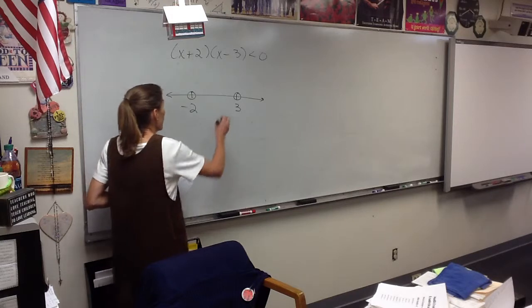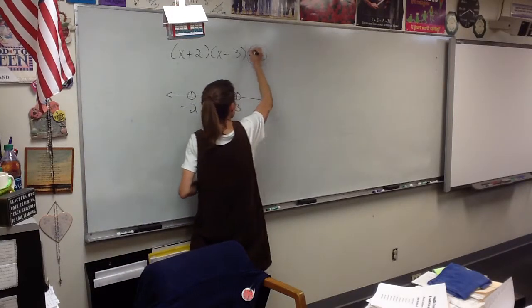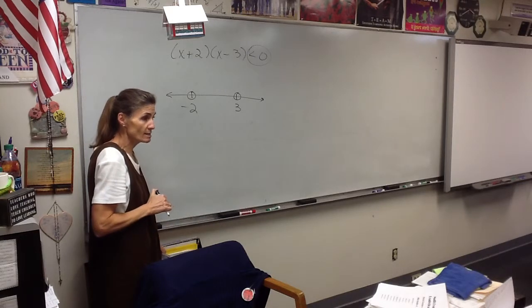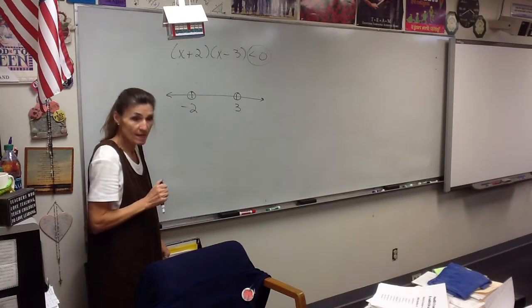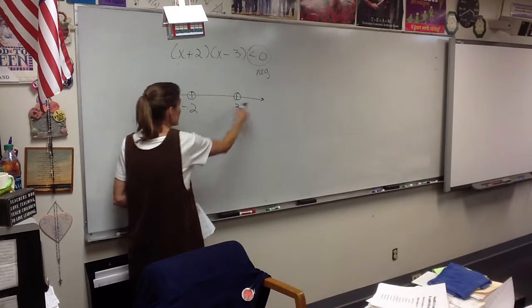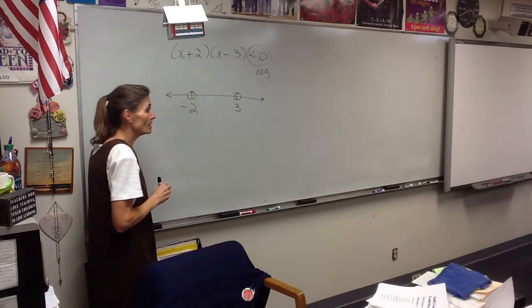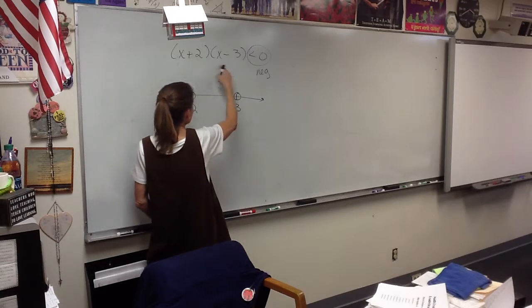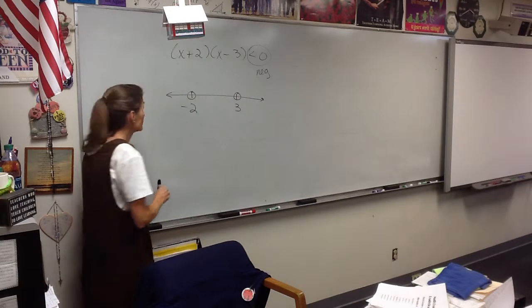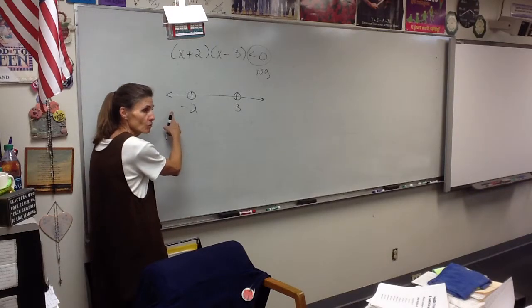Now, what does less than 0 mean, you guys? Less than 0. If we're less than 0, what kind of a number are we? Negative. So you need to find places on the number line where when you multiply these together, you get a negative answer. All right? So let's pick a number here like -3.